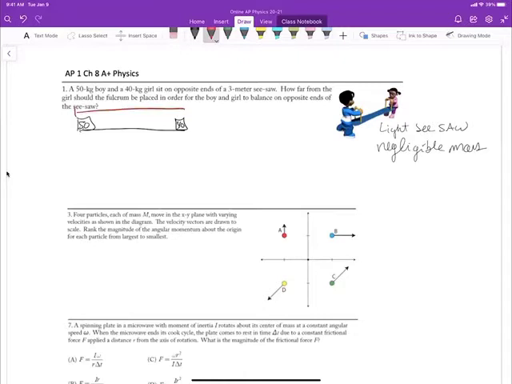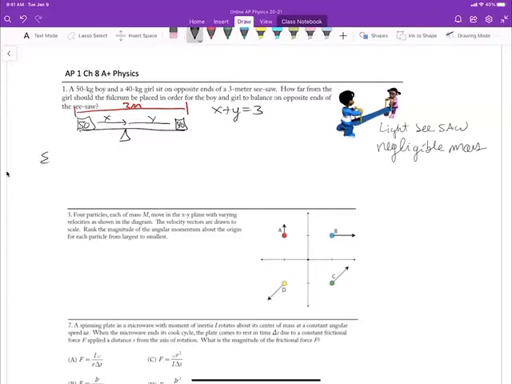We know this whole thing is 3 meters. We are going to place this fulcrum, and we don't know where. So we don't know this distance x, and we don't know this distance y, but we know x plus y equals 3. All right. So where should we put it?